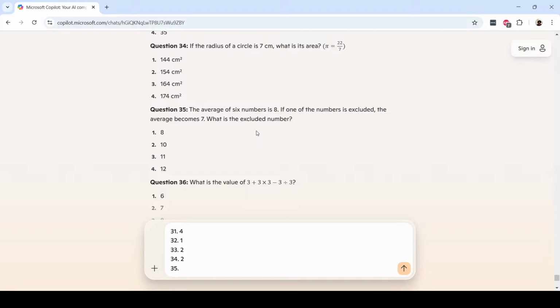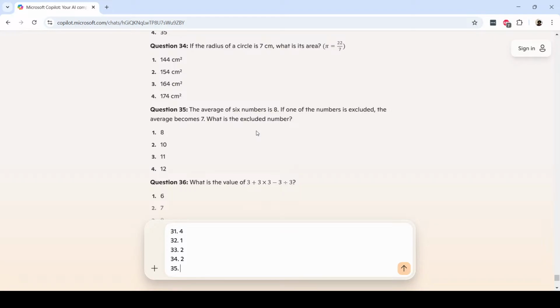Oops, wait, 48 minus x, one number we have removed, and the average becomes 7. So 35. So x would be 13.